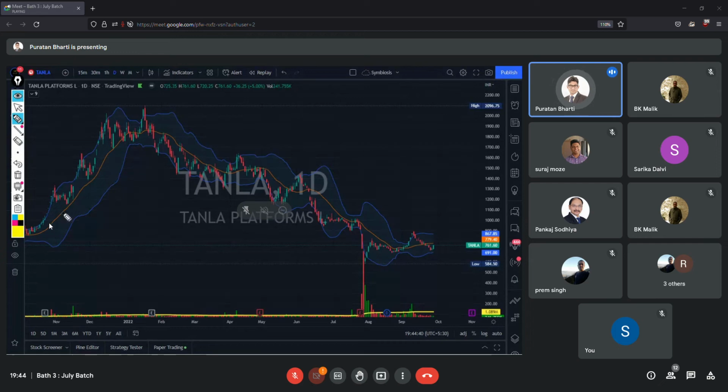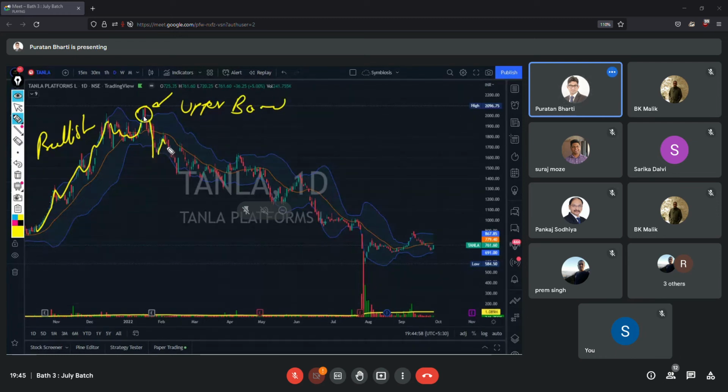And do you see that in scenario one, the stock touches the upper end of the band and just keeps on moving? So this is a bullish and an extra bullish phase, I would say. The stock touches the upper end of the band and corrects and continuously keeps on correcting.